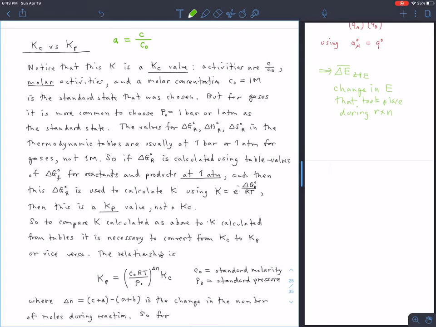And I've defined all of the other quantities in light of that choice, and that means that what we're calculating is a molar concentration, a Kc equilibrium constant.